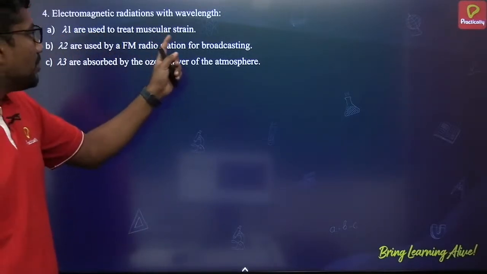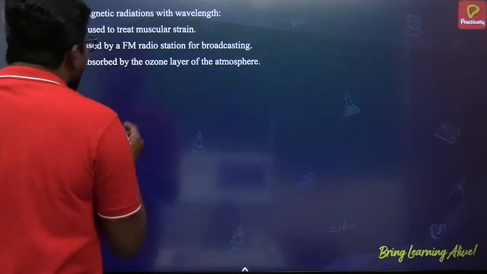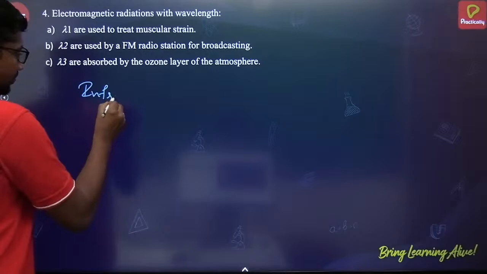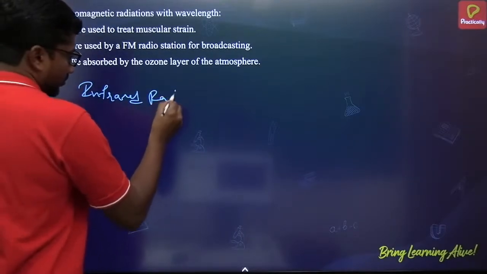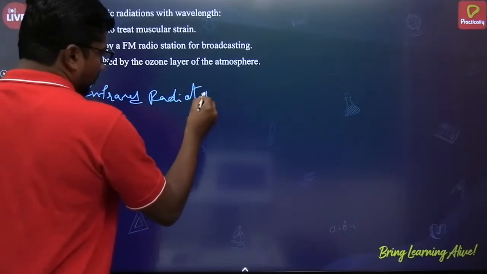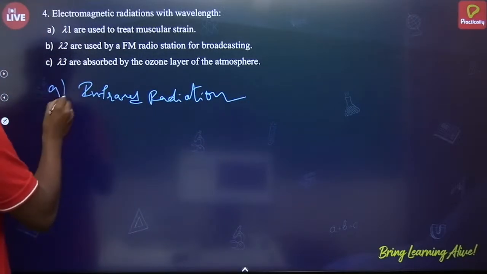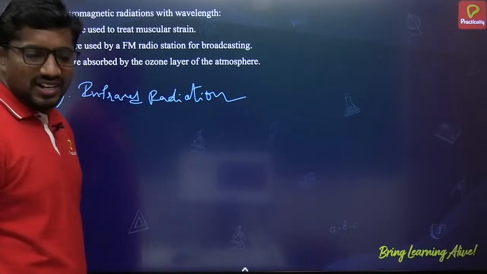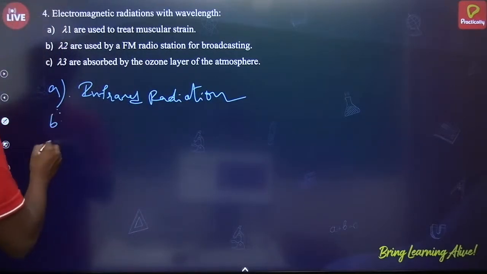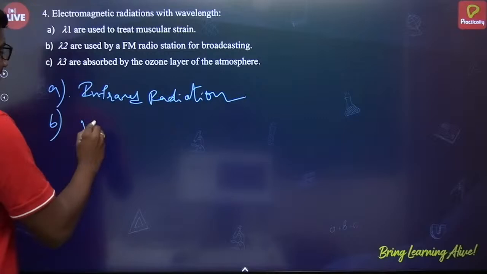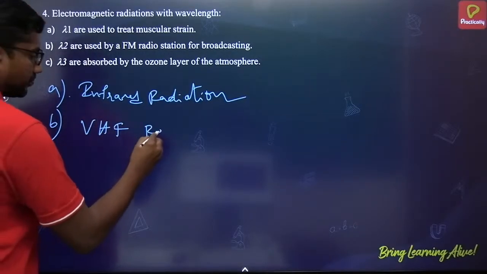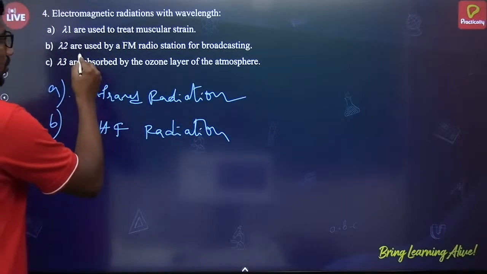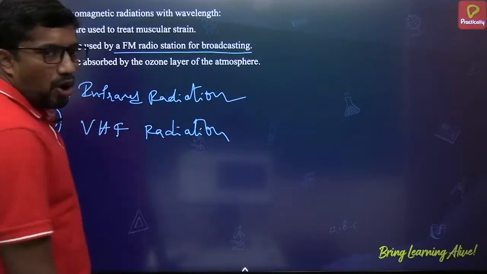To treat muscular strain, IR radiations will be helpful. So infrared radiations. The first answer is infrared radiations. Infrared radiations are used to treat muscular strain. Next, very high frequency, VHF radiations. VHF radiation we will use in an FM radio station for broadcasting purposes.